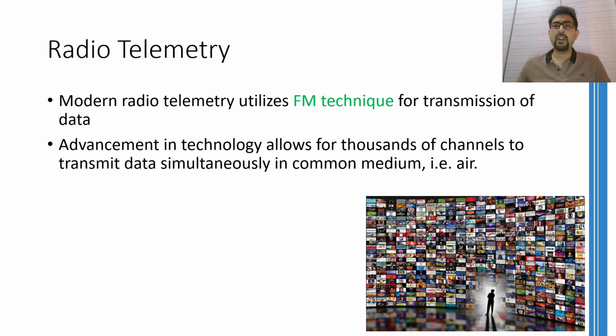And over here, there are a number of ways to modulate the radio signal. Three major ways of modulation are called amplitude modulation, frequency modulation, and phase modulation. Frequency modulation is, however, the most used modulation technique around the world. It is because of this modulation technique that we are able to transmit thousands of channels simultaneously in a common medium, that is the air.